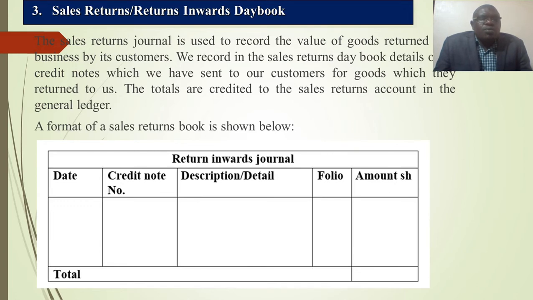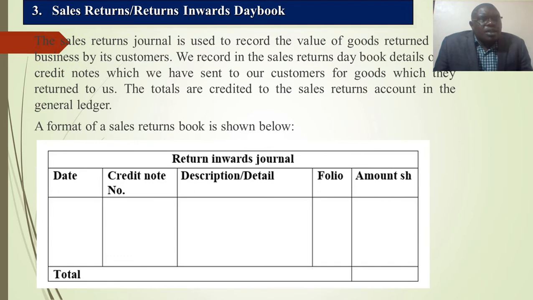In other words, what we expect them to pay has gone down. Reason being, they have returned some goods back to the business. So once we have sent credit notes, we must keep record of the amount of goods which each client has returned within a particular period of time.